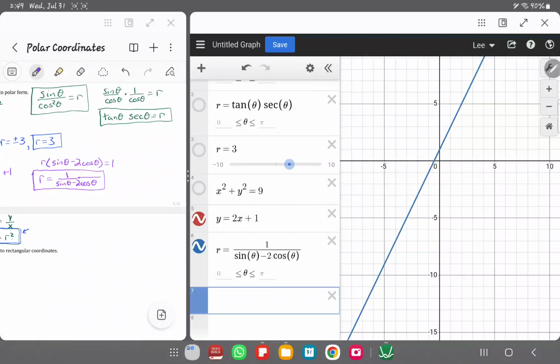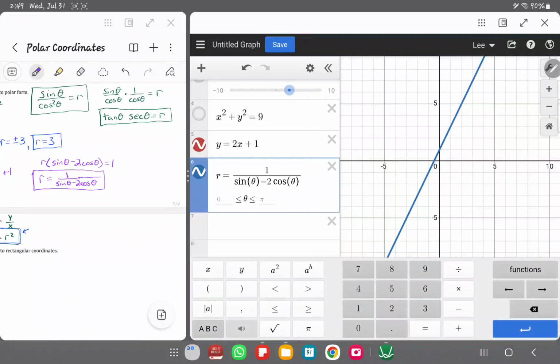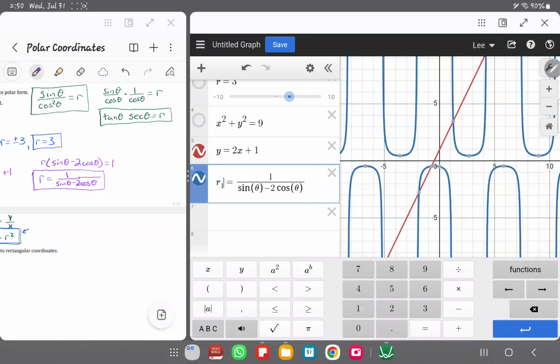Now I should mention in Desmos, if you're graphing polar, you do want to use r and then equals. If you change it, like if you try to use subscripts like r1, then it's going to automatically put it back into rectangular. So it's thinking of this r as a y and this theta as an x, and graphing that equation.